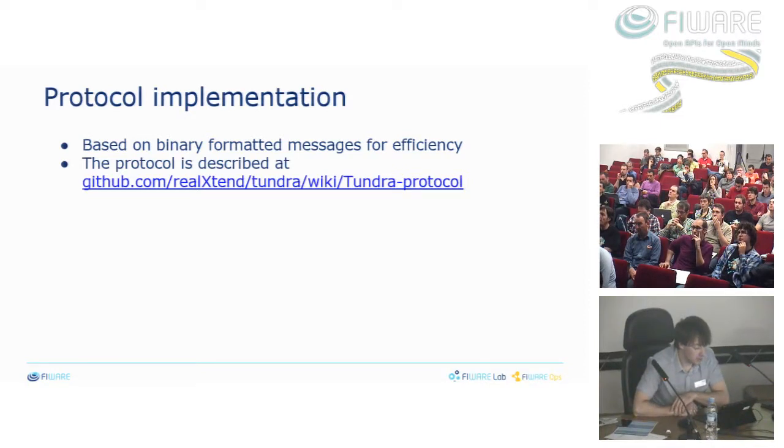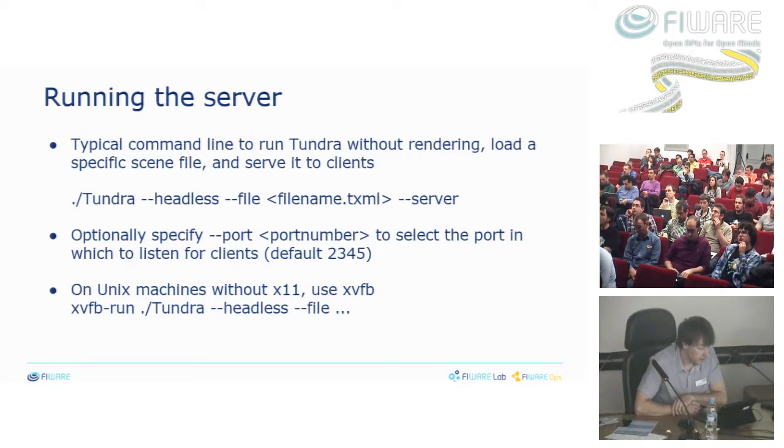The protocol implementation is also available as open source on GitHub. To test this GE, you can just run a server using the command line and then connect via clients, either the desktop client or the web client, to this server.